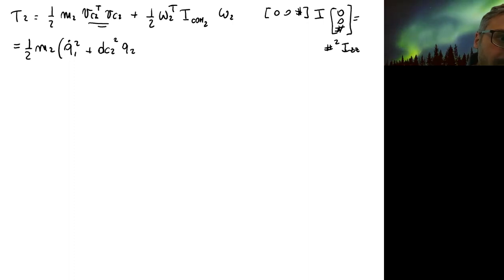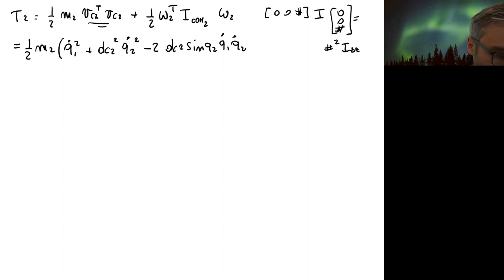You see that you get some simplification, because sine squared and cosine squared go to 1, and then you have the double product of the first coordinate of VC1, that is DC2 sine of Q2, Q1 dot Q2 dot, plus whatever we said that was, Q2 dot.